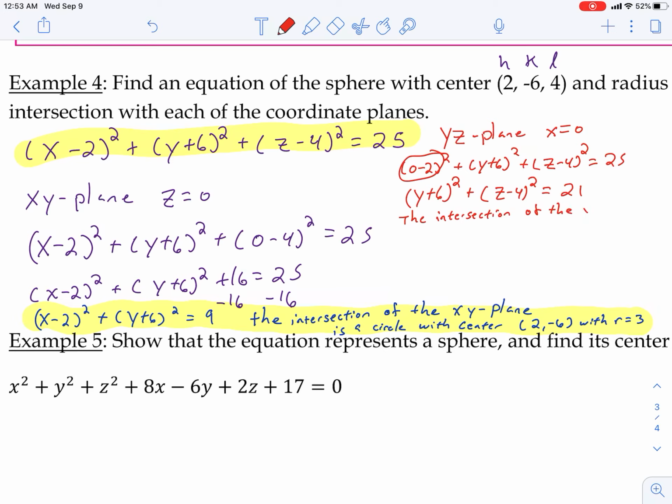So the intersection of the yz plane is a circle with center at (0, -6, 4). And I should have included 0 down here, so I'm going to do that real fast.